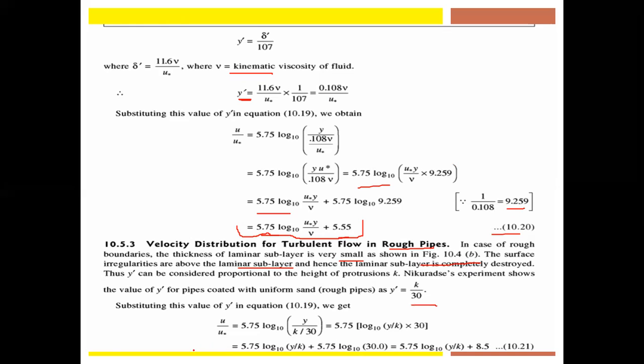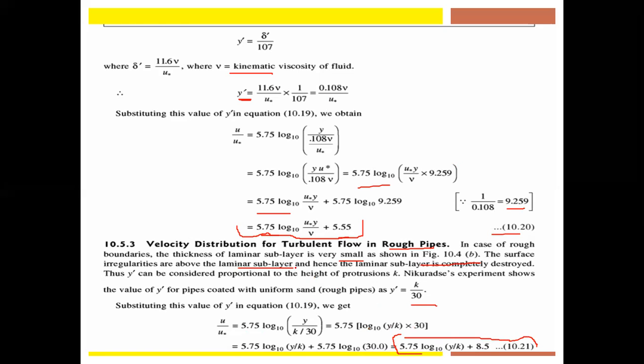That implies 5.75 log 10 y by k plus 5.75 log 10 30, that is equal to 5.75 into log 10 y by k plus 8.5. This is for rough pipes. Got it?